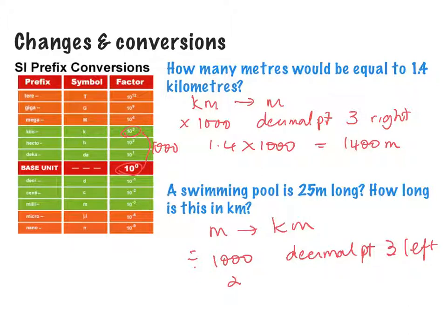So we've got 25 divided by 1000, which is 0.025. I've got to move it 3 decimal places, so 25.0 becomes 0.025 kilometres. It was here, so I moved 1, 2, 3. I hope this is making some sense and it's easier to do.